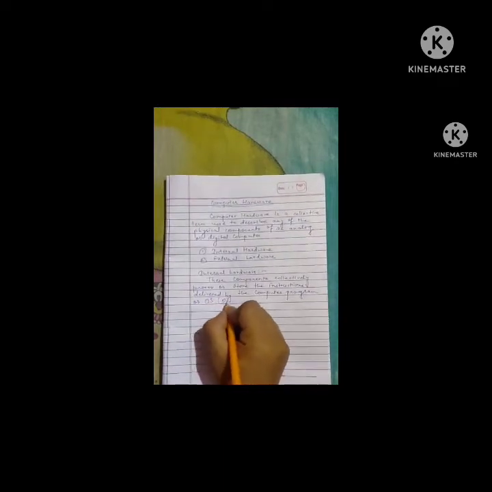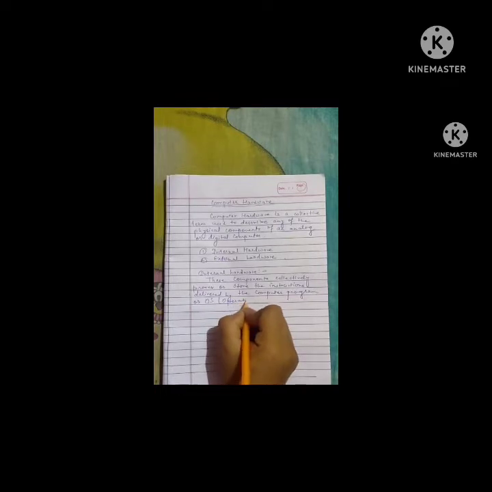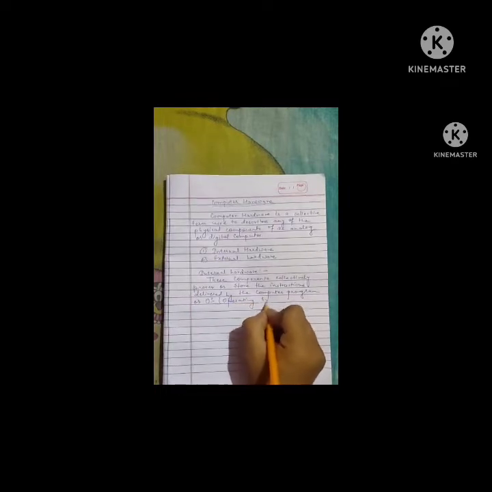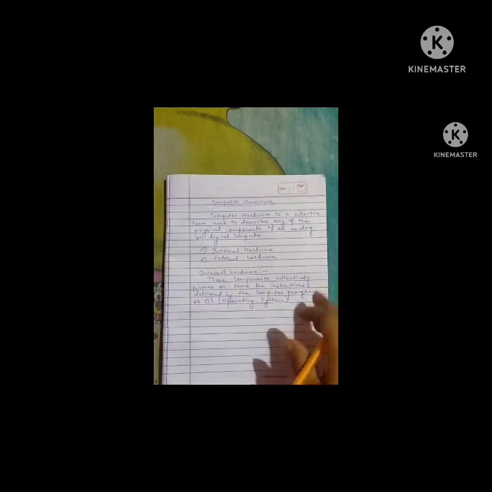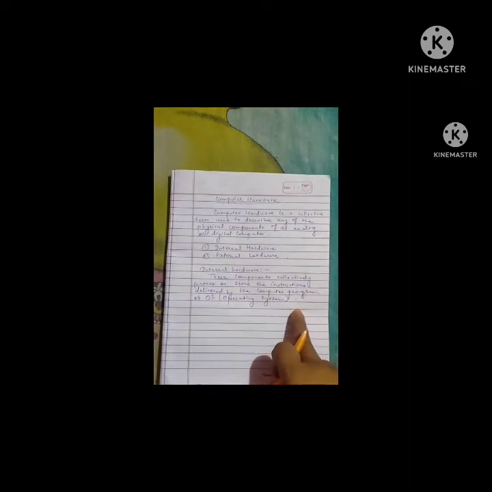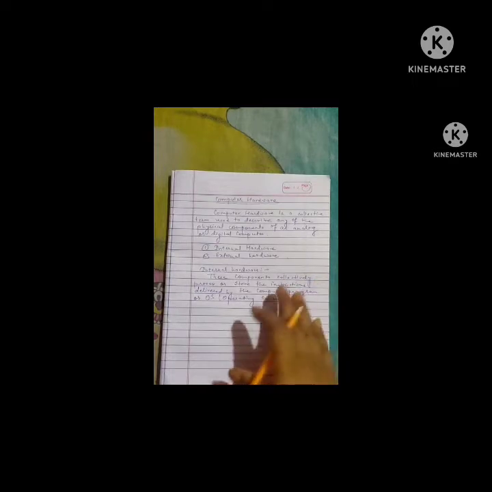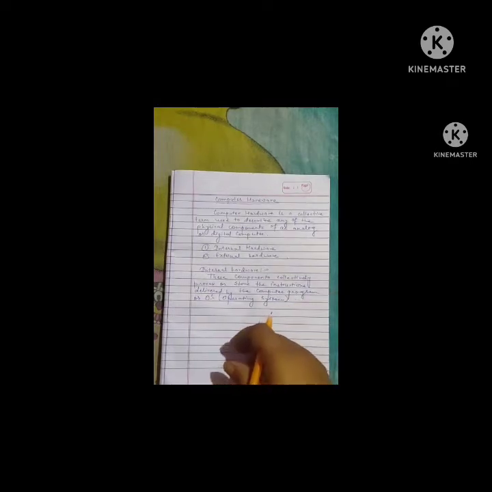OS stands for operating system. Or simply, the internal hardware are the hardware components that operate inside the computer system, which cannot be seen from the exterior view. When you look at the computer system, you cannot see this hardware from outside, but it is inside the computer and helps in its proper functioning.